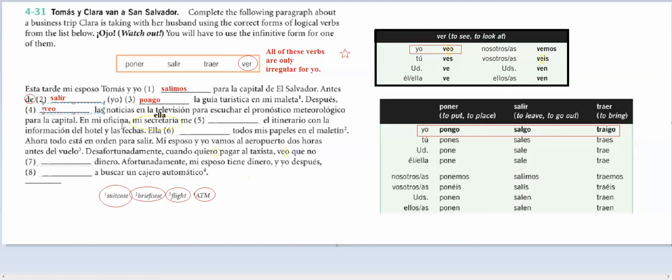En mi oficina mi secretaria me blank el itinerario con la información del hotel y las fechas. So in my office, my secretary did what with the itinerary? She probably brought me the itinerary. Remember, these words are not subjects. Me is not on that list. So that's not who's doing the bringing.